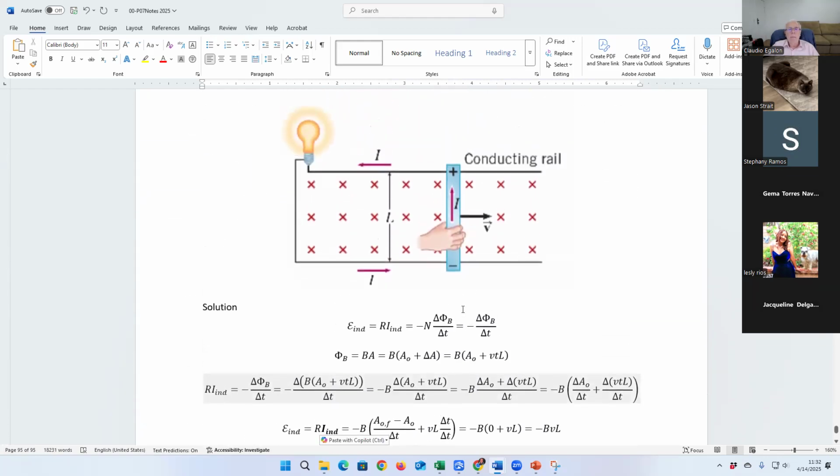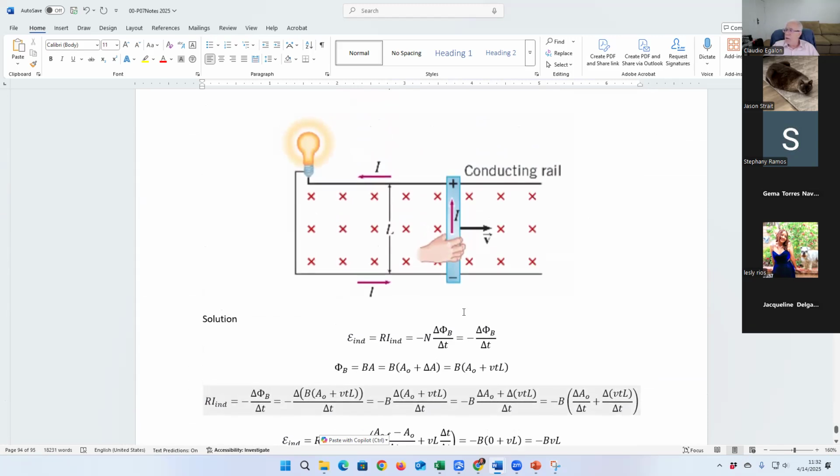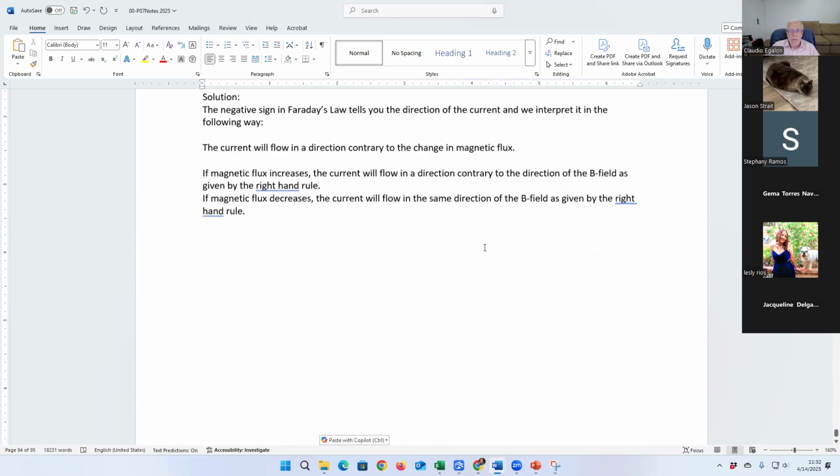Here you go. In this case, the magnetic flux is increasing because the area is increasing. Let's write that down. In this case, the flux is increasing because the area of the circuit is increasing as well.